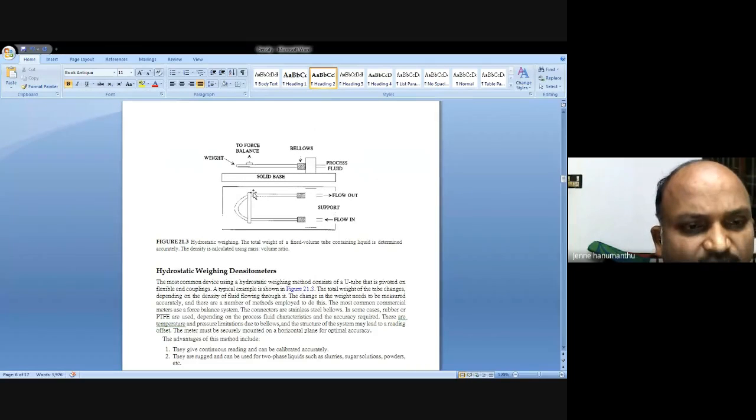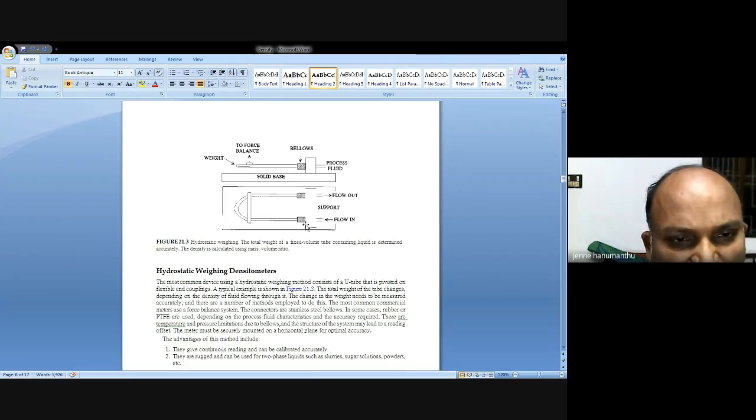In this, how is the unknown fluid density going to be measured? With this arrangement, there is a pipe having two ends, end one and end two, two openings.